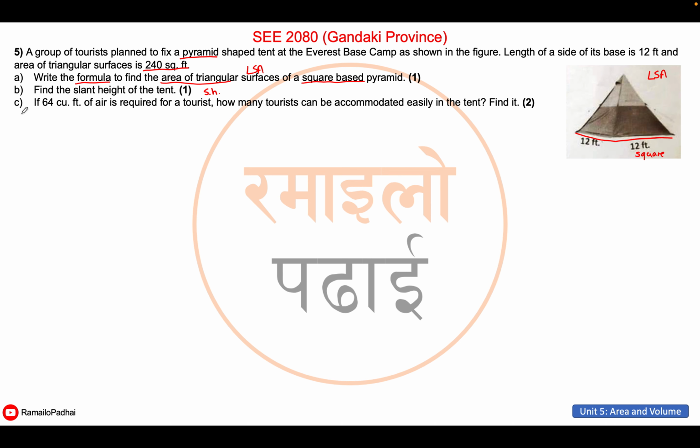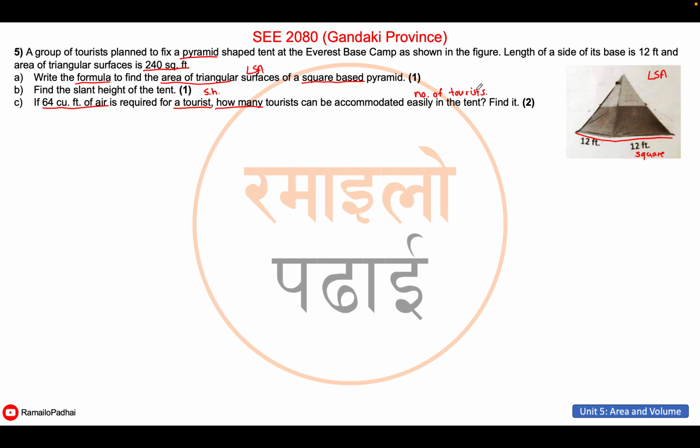Okay, in C, if 64 cubic feet of air is required for a single tourist, how many tourists can be accommodated easily in the tent? Find it. So we need to find the number of tourists.